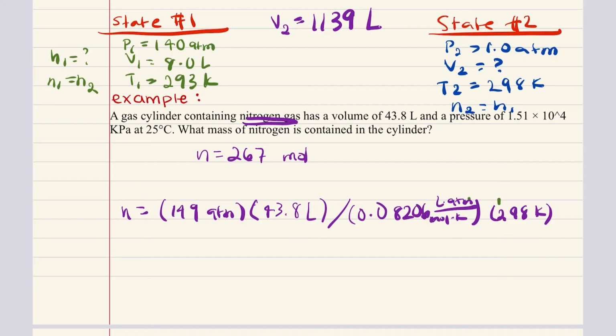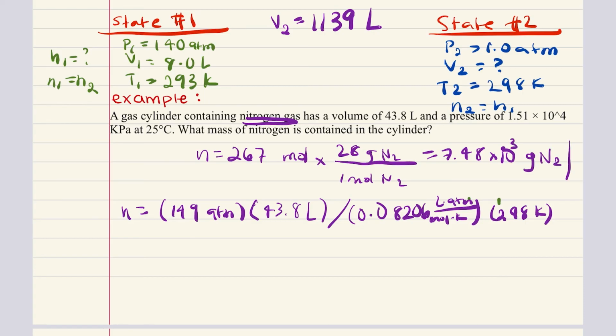We're talking about N2. So we're going to use molar mass to convert. 1 mole of N2 is 28 grams of N2. And this is going to give us 7.48 times 10 to the power 3 grams of N2. And there we have it.